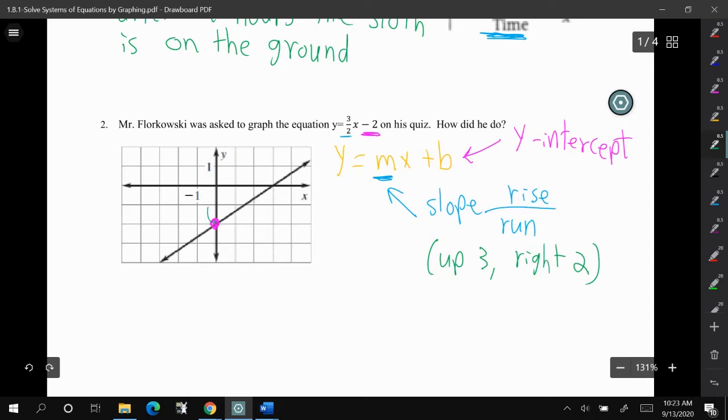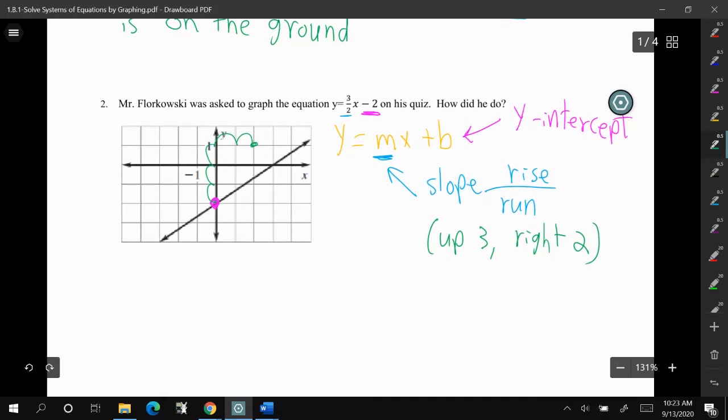So if we go up 3, 1, 2, 3, and right 2, nope, that is not correct. So the original line here that I graphed is wrong. The slope was used incorrectly.